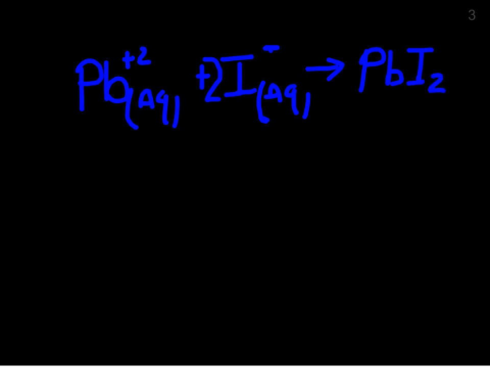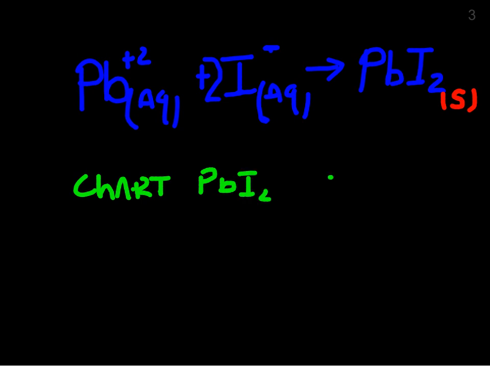And because the chart told me so, because the chart had an SS, the chart said that PbI2 was SS. SS means it's a solid, so in the balanced equation it gets the solid subscript.